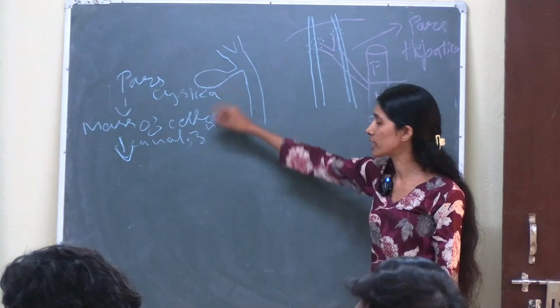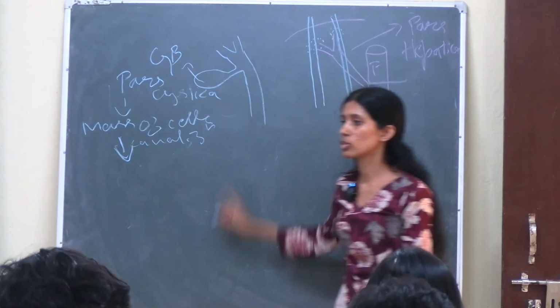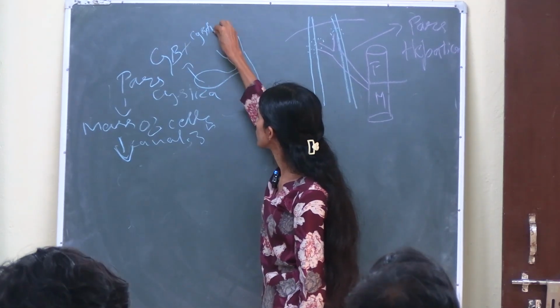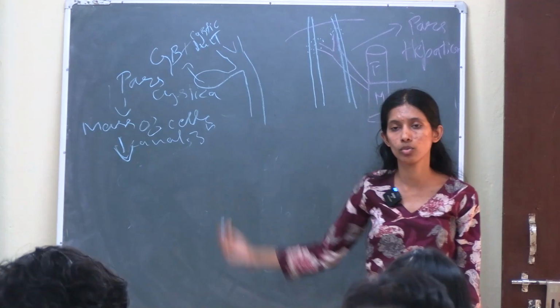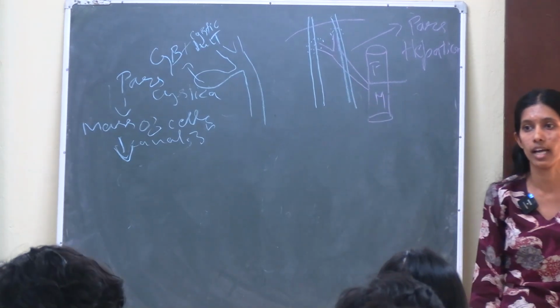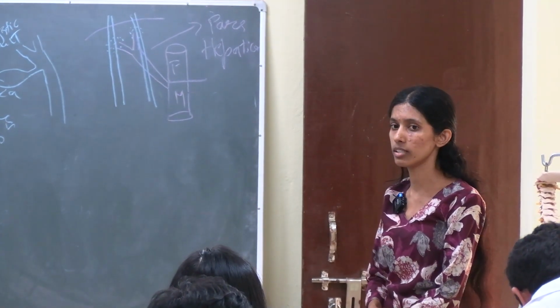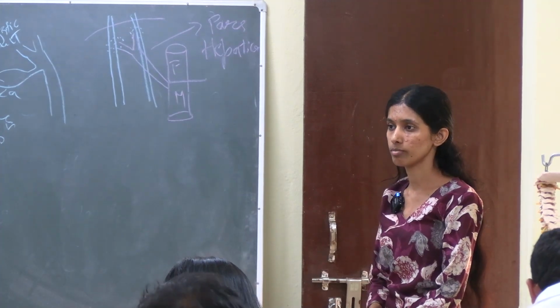The small dilated part will later develop into your gallbladder and the small duct part will develop into your cystic duct. Okay, this is how the development of your gallbladder and cystic duct takes place from the pars cystica, or from the mass of cells produced during the beginning of the 4th week.